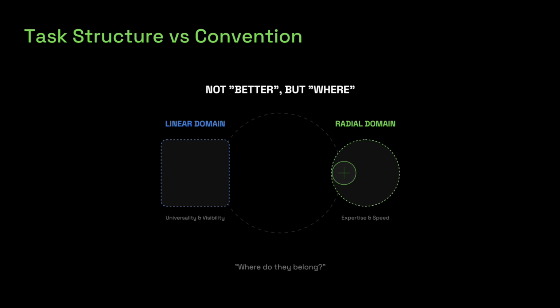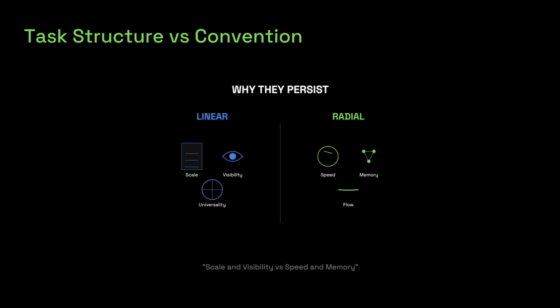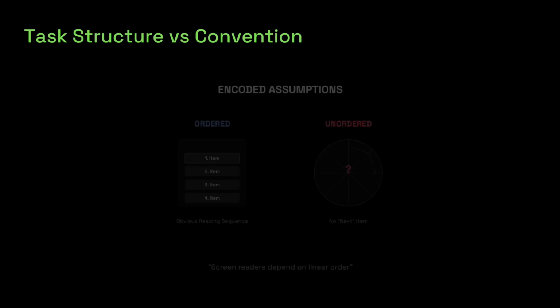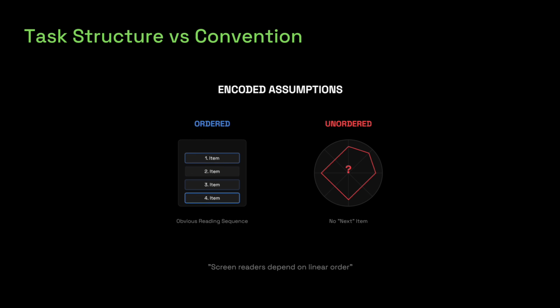Designers are no longer asking whether radial menus are better, but where they belong. Linear menus persist because they support scale, visibility, and universality. Radial menus persist because they support speed, memory, and flow. Each encodes different assumptions about how people act and learn.